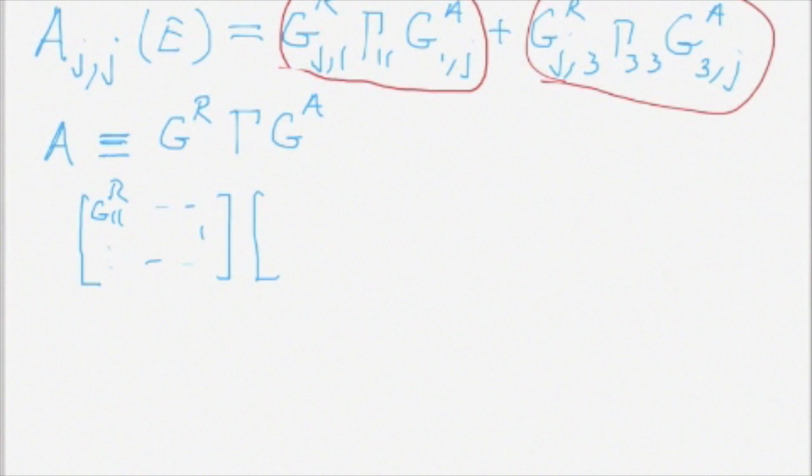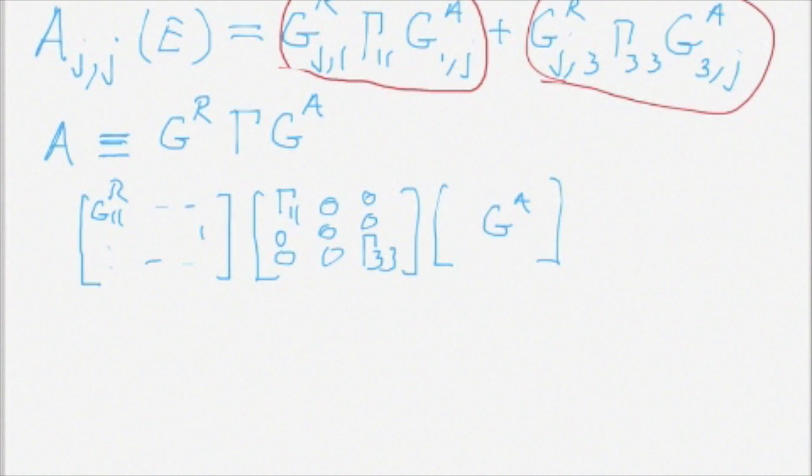The important thing is our gamma matrix, which only has 2 terms in it, times our 3x3 advanced Green function matrix, which is just G^R dagger. So that's what we're talking about here when I write it formally like this. It's G^R gamma G^A.